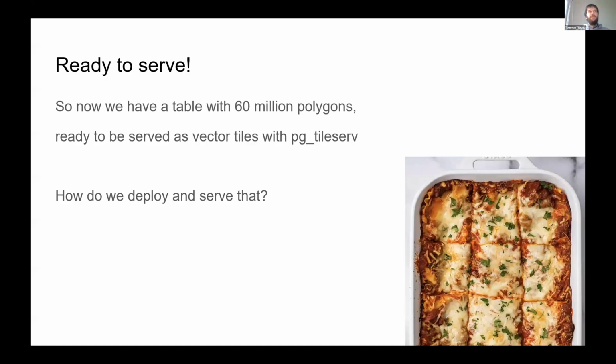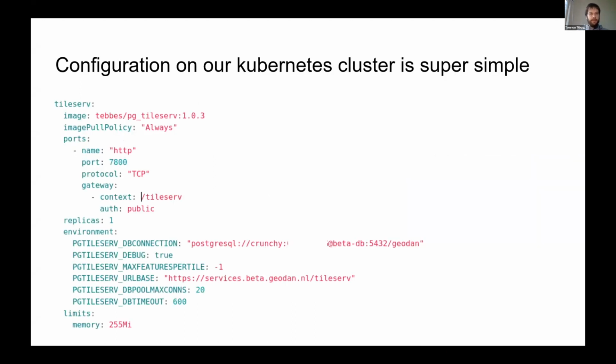So we're ready to serve. We have a table, 60 million records in it. We can serve out vector tiles. We have pgtileserv running. Now we are ready to deploy. I myself am not a fan of Kubernetes, but I have some colleagues who were really fabulous with it.